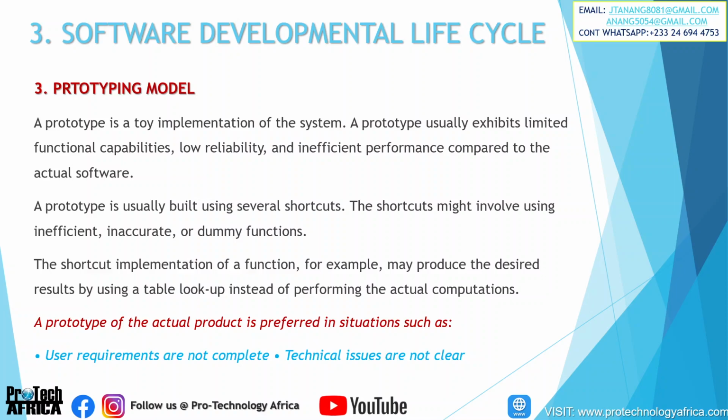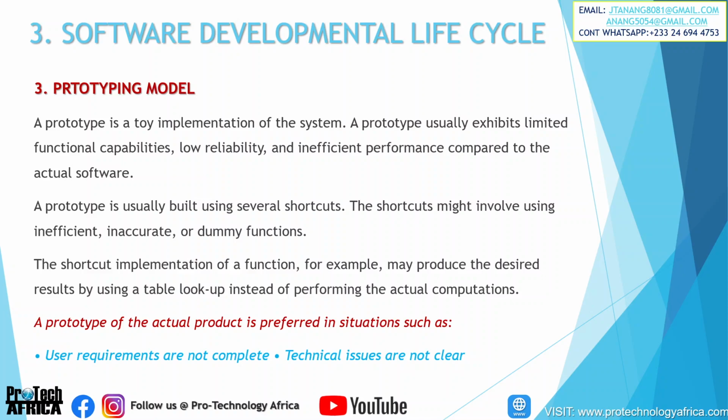The shortcut implementation of a function, for example, may reduce the desired results by using a table lookup instead of performing the actual computation. A prototype of the actual product is preferred in situations such as when the user requirements are not complete and technical issues are not clear.